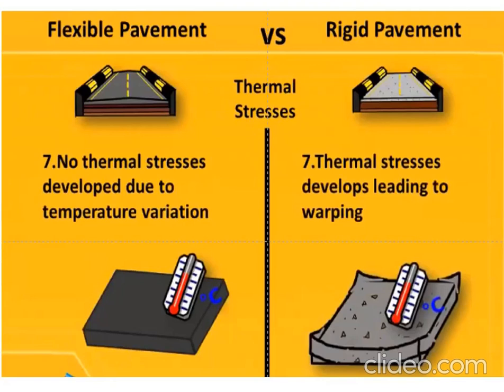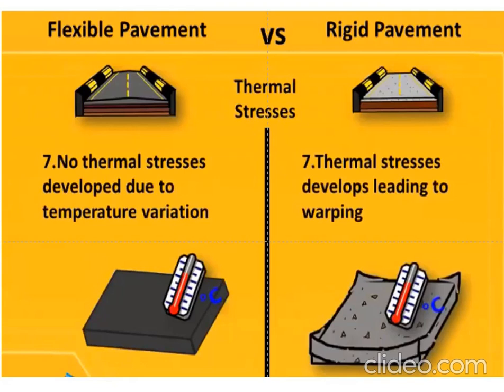We call these thermal stresses. Normally, no thermal stresses are developed in asphalt pavement, while we have a problem of thermal stress in rigid pavement. That's why we have a joint. We cannot have, say, 100 square meters or 200 square feet of slab without a joint because of this thermal stress.